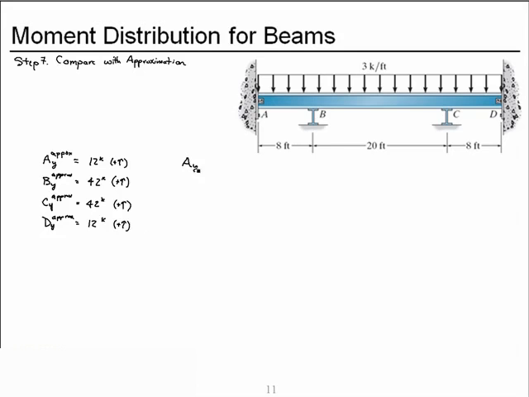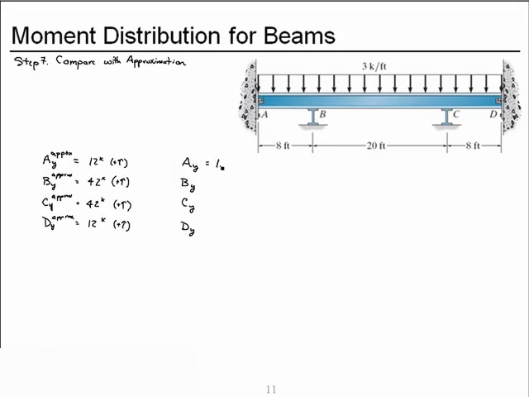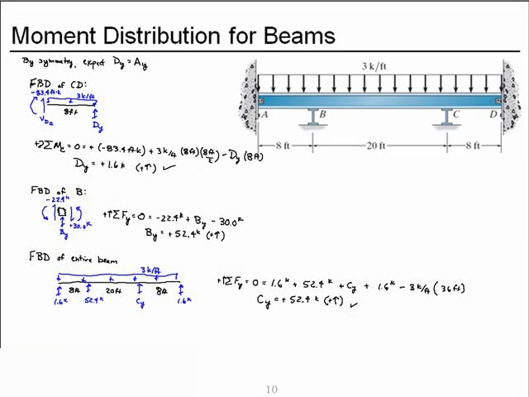And then from our moment distribution results, we found Ay to be a positive 1.6 kips, acting up. We found By to be 52.4, Cy to be 52.4, and Dy to be 1.6 kips, all acting up.